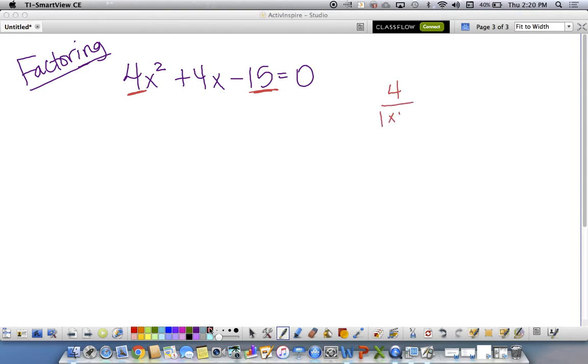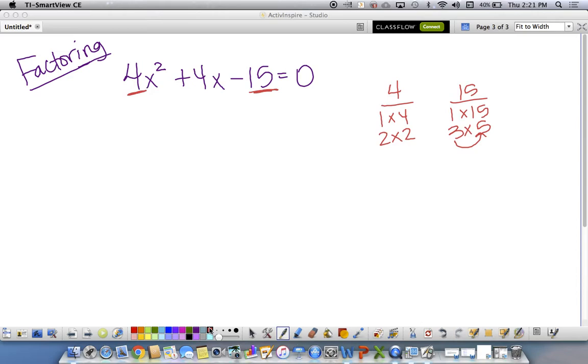I know 1 times 4, factors. 2 times 2, that's factors. That's all of them. Okay? What about 15? I know 1 times 15. 2 won't go into it. 3 will go into it. 3 times 5. And I'm done because I start with 1 and go until these numbers get to be each other. Okay? And I would list all of them.